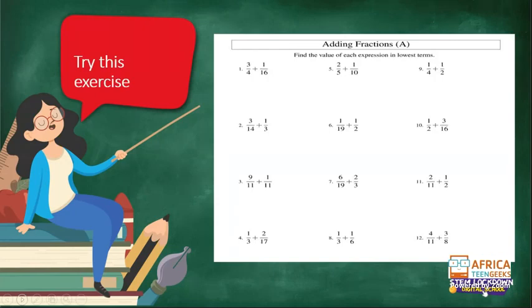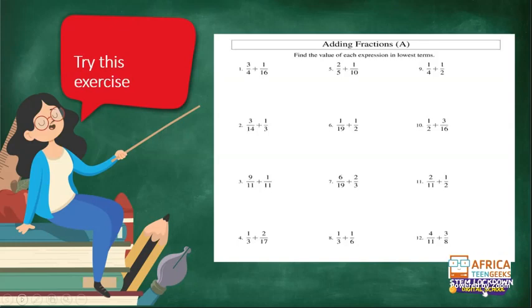And then you move on to 1 over 3, which you will multiply by 14 because you're looking for the lowest common multiple. So you multiply 3 by 14 and you get 42. Okay? So you get 42. And because you're multiplying 1 over 3 by 14 over 14, you will have 14 over 42. Now you have like terms, right?